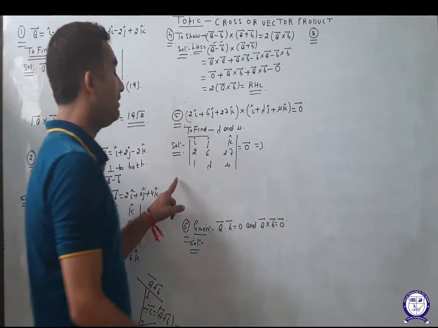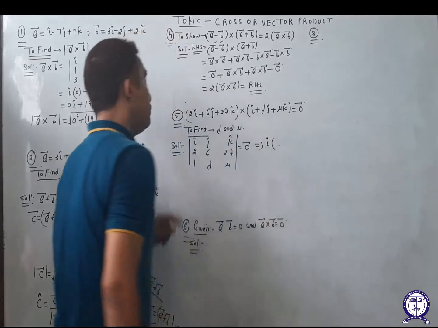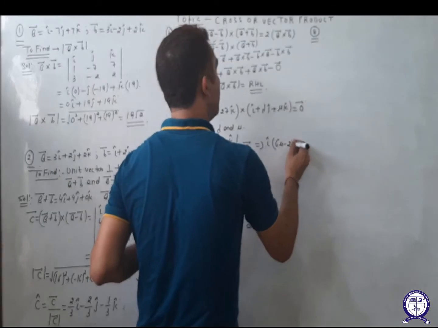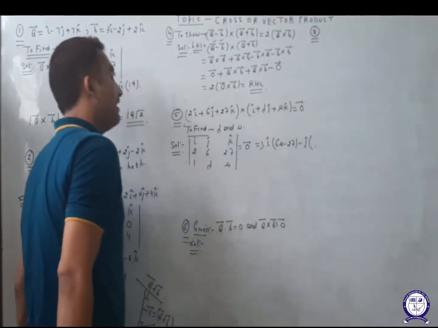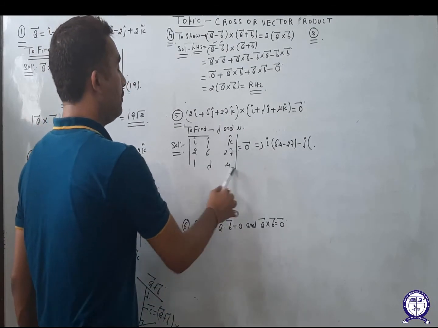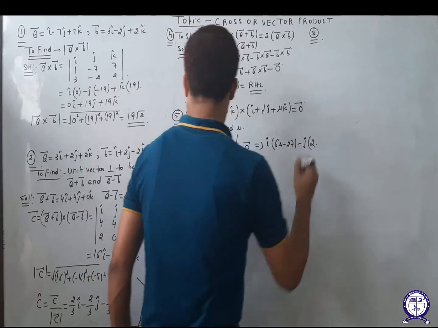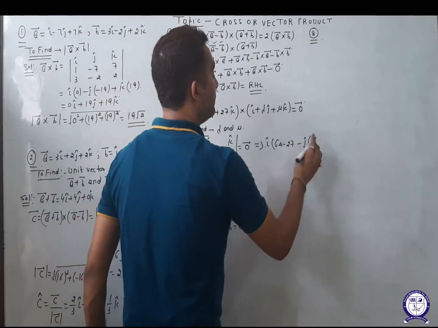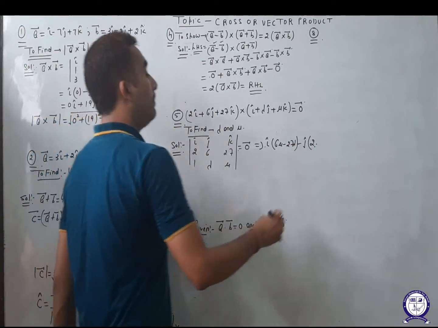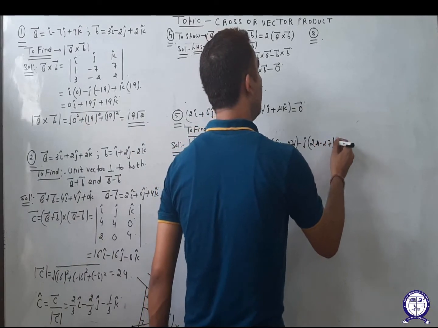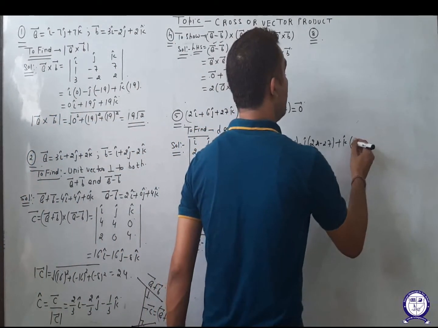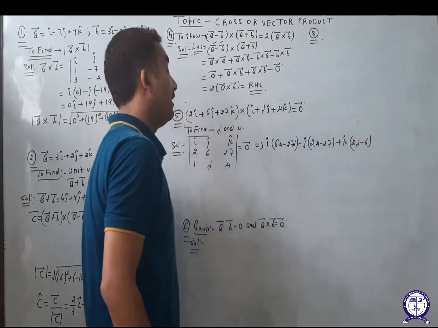Multiply, that is i cap into 6 mu minus 27, minus j cap, that is 2 mu minus 27 lambda, sorry, that is lambda, minus j cap into 2 mu minus 27, plus k cap into 2 lambda minus 6, is equal to 0 vector.